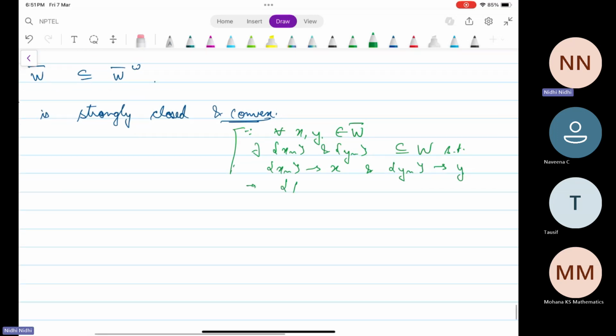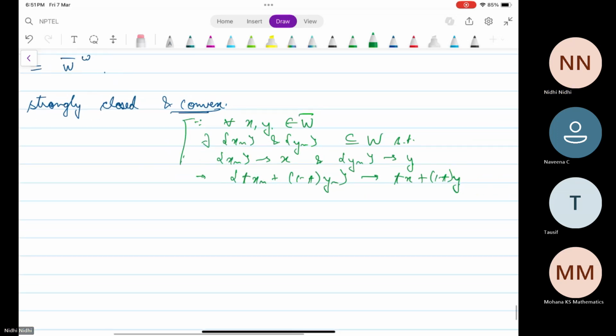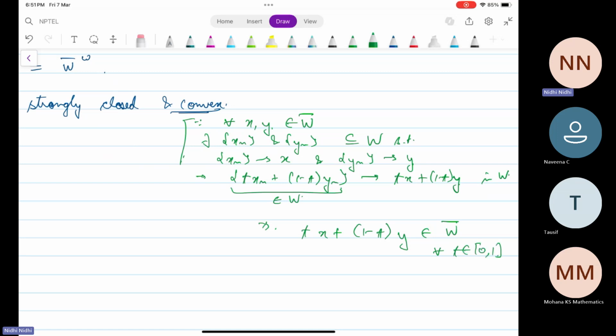This implies t x_n + (1-t) y_n converges to t x + (1-t) y strongly. Now, since this is a sequence in W, we get t x + (1-t) y belongs to the closure of W for every t in the open interval (0,1).